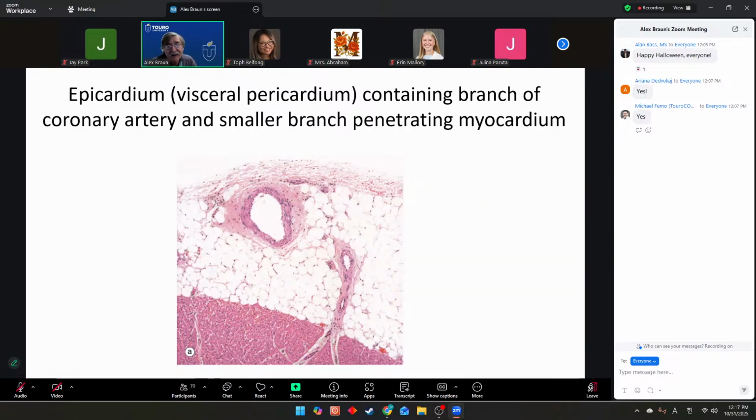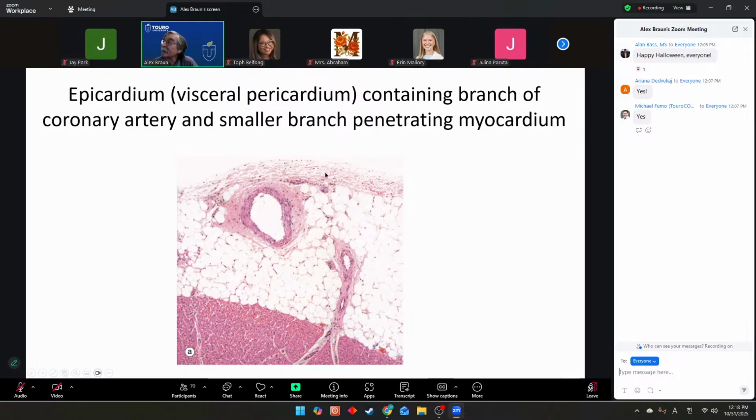During tissue processing, it's quite easy for some of the cells to fall off for various reasons, partly from handling, partly because there's some autolysis of tissue when tissue is removed from the body or the person expires. So there presumably would have been a layer of mesothelial cells here, and I do see some evidence of it, but it is not the easiest thing to see in this particular picture.